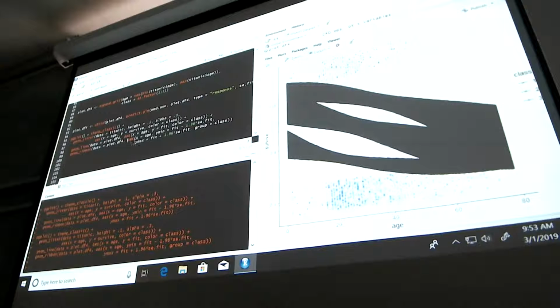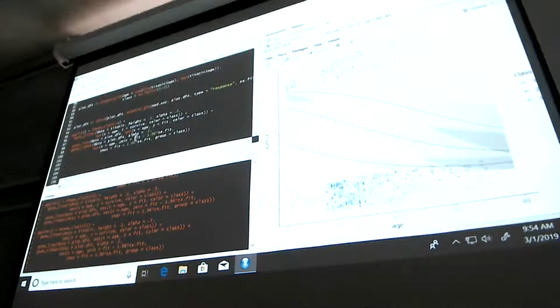So up here, I'm going to add alpha equals 0.2. And there we have it. So now we have our predictions as a function of age and class. Like what's the probability of any passenger surviving the Titanic?